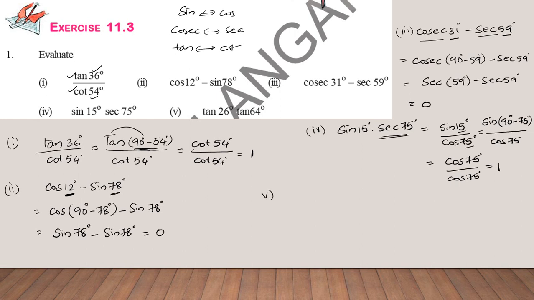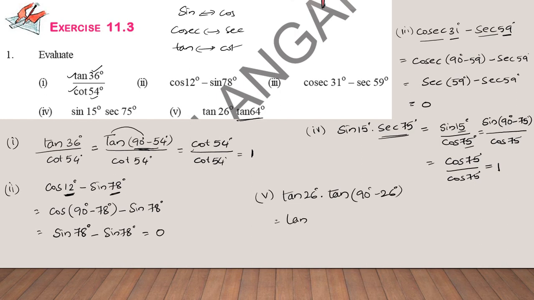Next, moving on to question number 5. It is also very simple. Tan 26 degrees into tan 64. 26 plus 64 is 90 degrees. So I can write tan of 64 as tan of 90 minus 26.